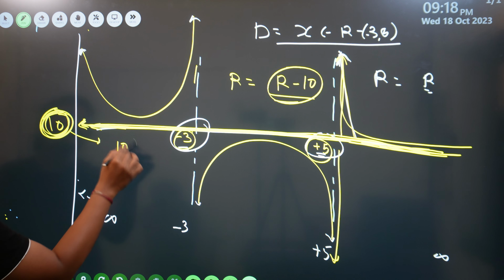It means all real numbers are included except 10, because it's not touching the line, it is not continuous at that point. That's why we divided range and domain in two parts. If it is continuous, then real numbers. If it is discontinuous, then real numbers minus the points at which it is discontinuous. Getting it or not?